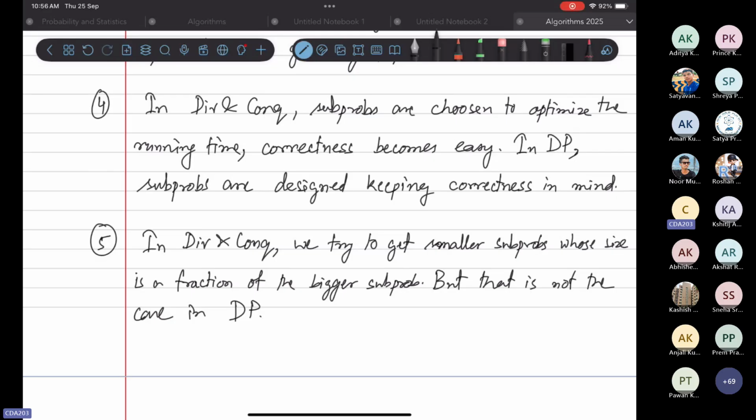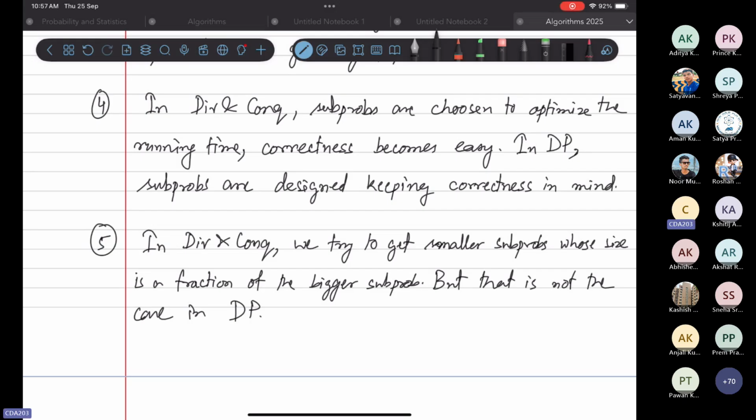But in the divide and conquer approach, we know some algorithm for this and I want to optimize its running time, so I can try the divide and conquer approach. Since that's our main objective, we try to figure out subproblems whose size is a fraction smaller than the original problem. Otherwise, it will not help in improving the running time.